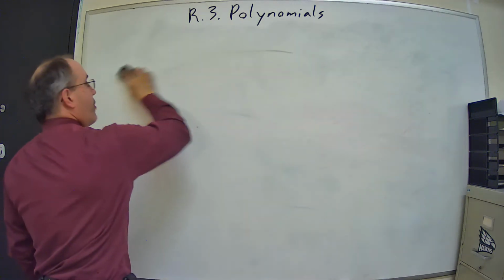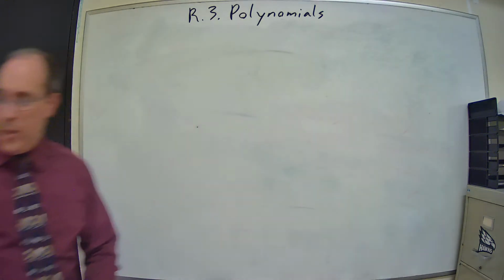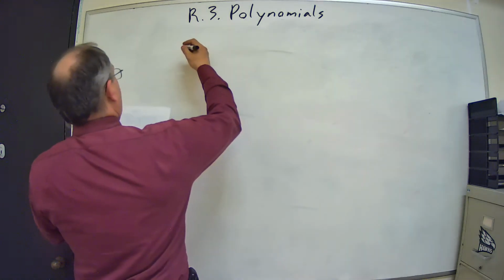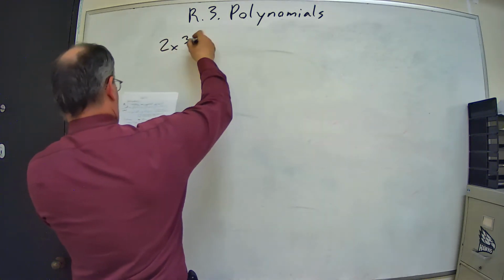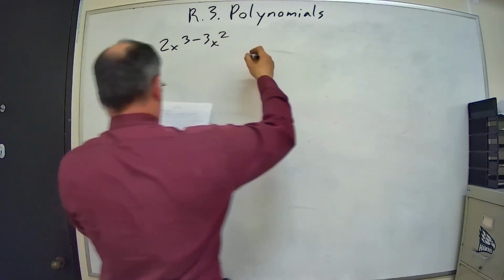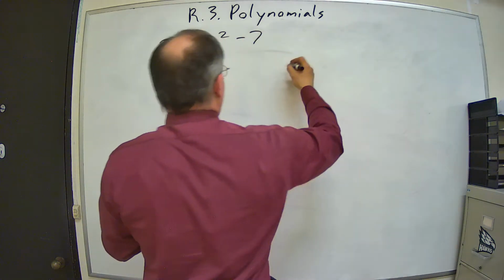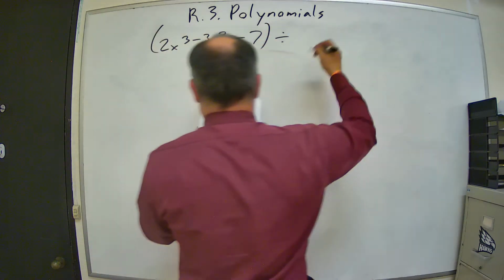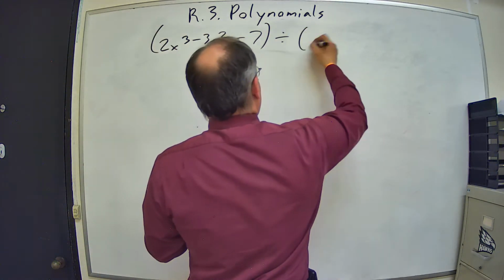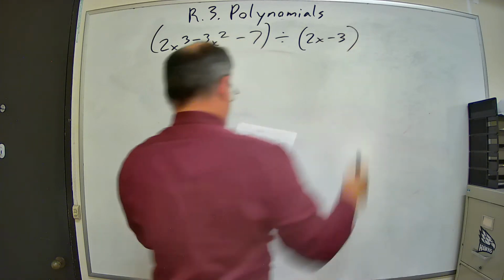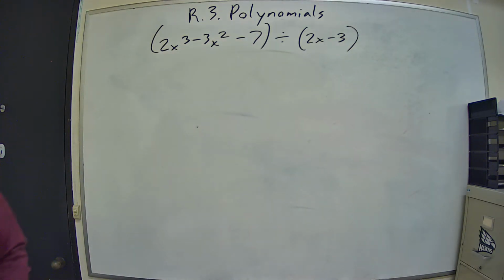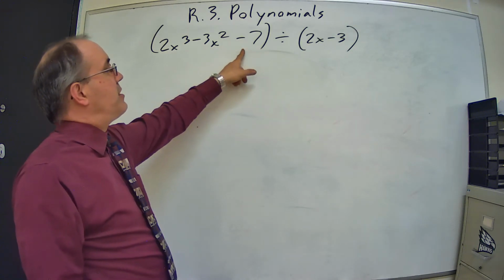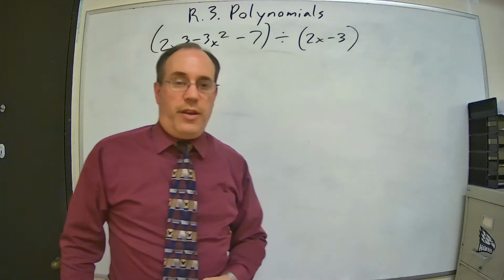So I'm actually going to erase that. I'm going to rewrite it. I know that may be a little frustrating, but I want to demonstrate something else while I'm doing this. So we're going to say 2x cubed minus 3x squared minus 7 divided by 2x minus 3. Now you'll see in a moment why I chose to do that.